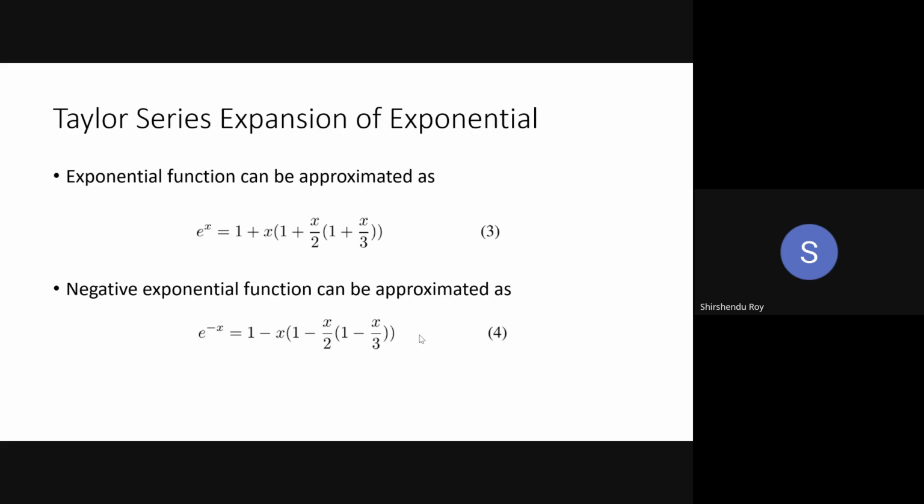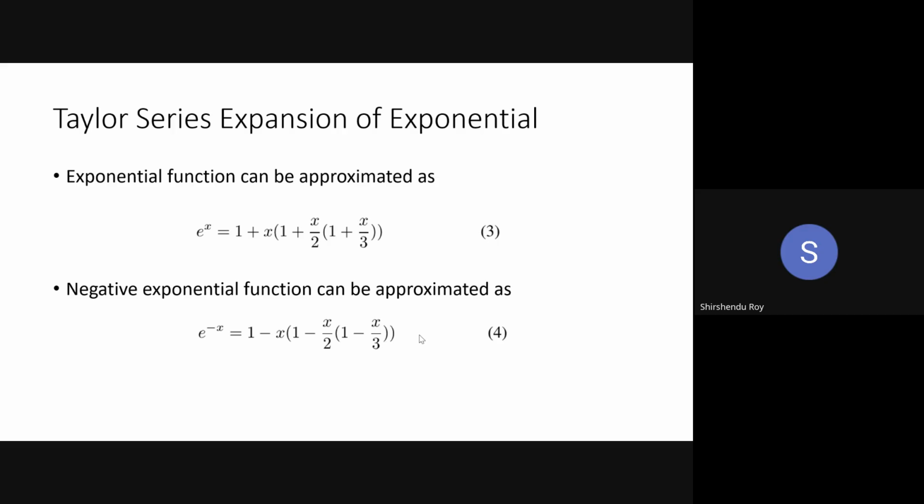Because if we are computing, suppose, the sigmoid function, we need to compute the exponential for both positive and negative values. Only one equation will not help you compute any activation function, because the input to the activation function can be zero, negative or positive. In this case, we need both the positive and negative equations, equation 3 and equation 4.